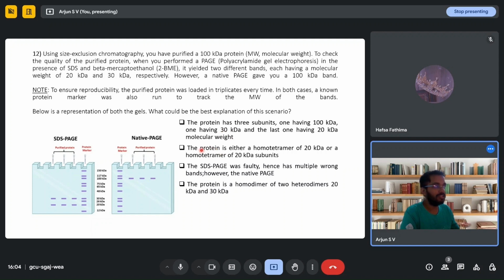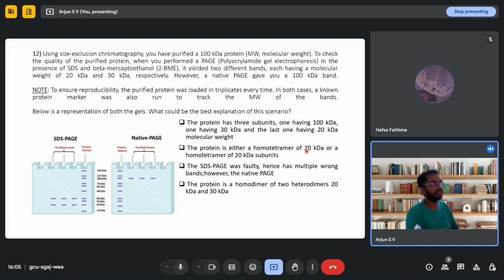The second option: the protein is either a homotetramer of 20 kilodalton or a homotetramer of 30 kilodalton subunits. If it's either or, then only one band should be present here, and in the native page this band won't be present. So this also is wrong.